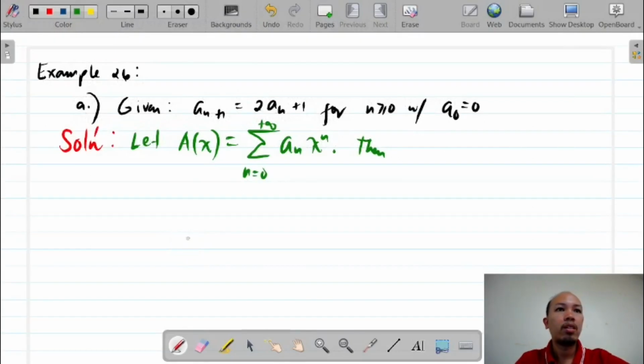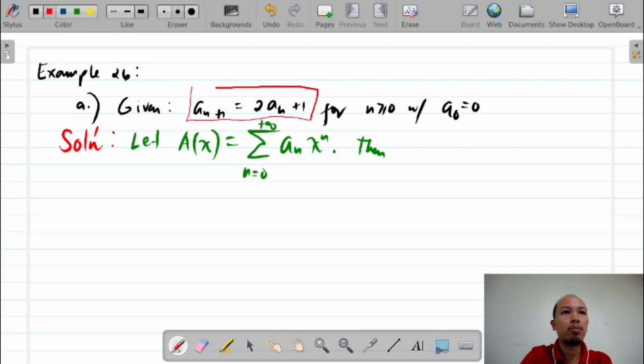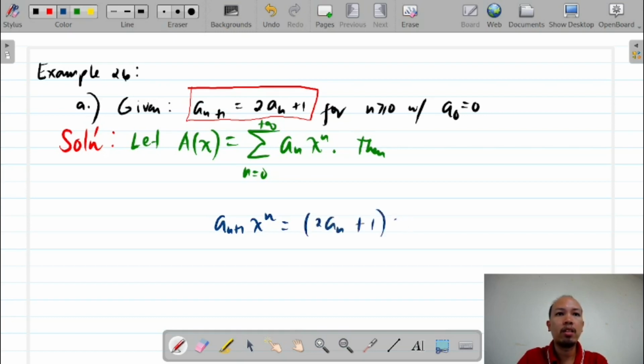So let's go to our open board. We have to multiply this one here, both sides by x to the n. So we have a sub n plus 1 x to the n, and then 2 a sub n x to the n plus 1 x to the n.